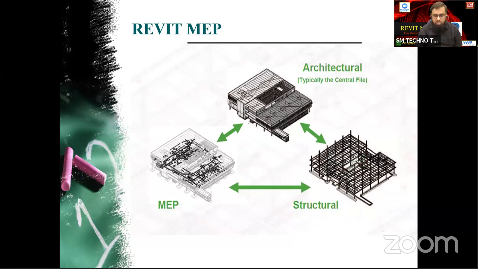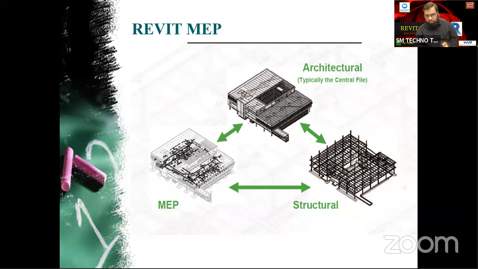Till the 2012 version you could expect a separate option for Revit architectural, separate for structural, and separate for MEP. But from 2013 they clubbed all this and introduced Revit 2013. So right from the 2013 version you can expect architectural, structural, and MEP all together in one software.